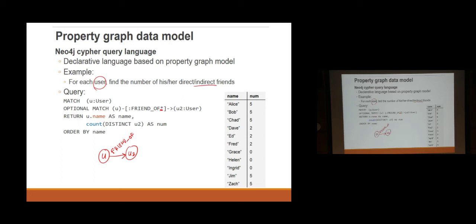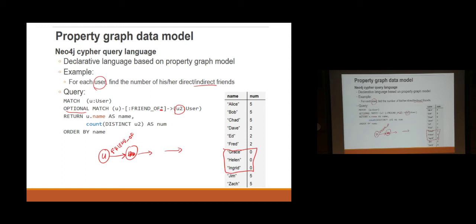So 0 may happen. That's why this is an optional match, because this one may not be matched with anything. Because you may not have any friend at all. In fact, we have a few people here without friends. So the star means that there must be a sequence of this.